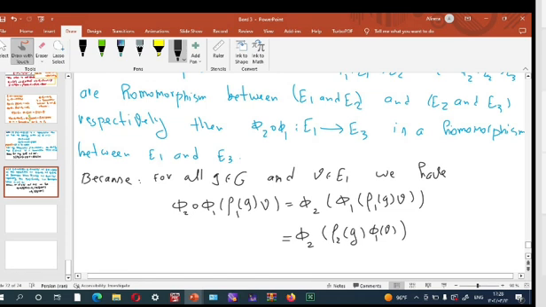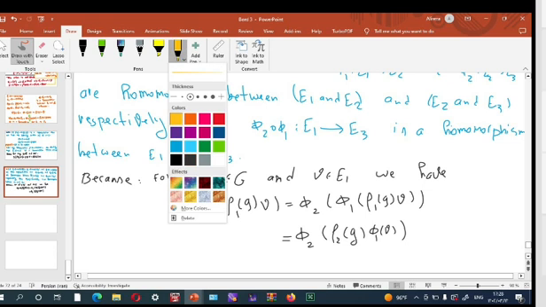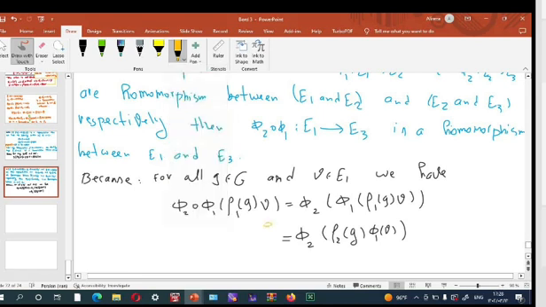Because phi 1 from E1 to E2 is a homomorphism.